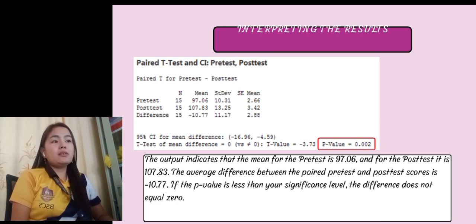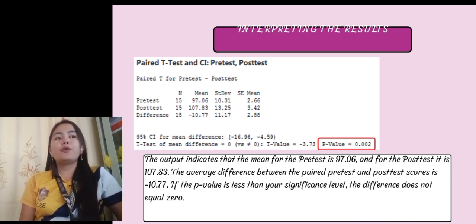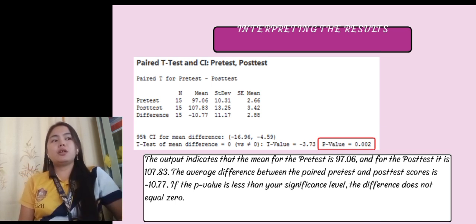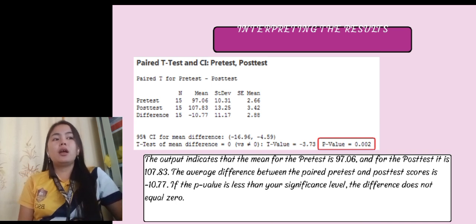For the post-test, number 15, mean 107.83, and standard deviation is 13.25, and the standard error is 3.42. Then differences: 15, then negative 10.77, then standard deviation 11.17, then the standard error is 2.88.